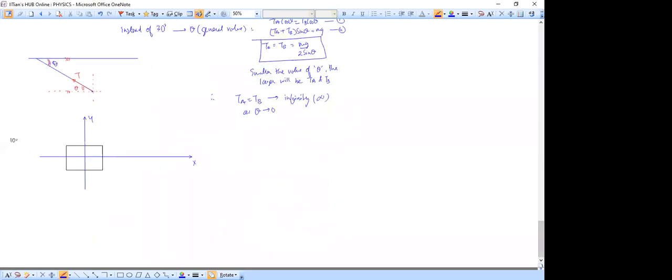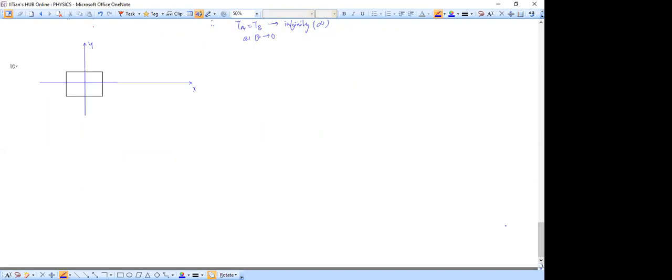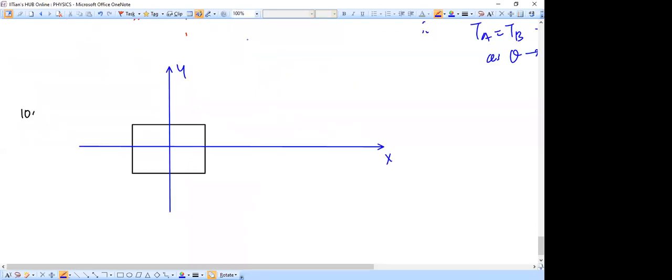Right. So now in 10th question, see what is happening is there is one force which is acting along the x-axis, and its magnitude is given to us as 200 newtons. So in this diagram, one of the forces acting supposedly on this block is like this, and it's 200 newtons in magnitude.